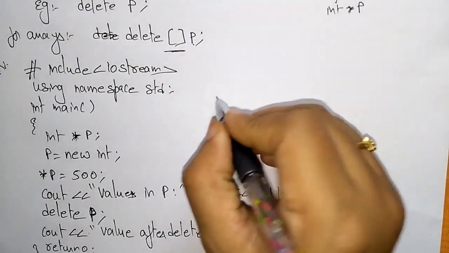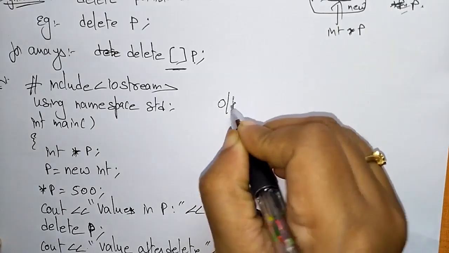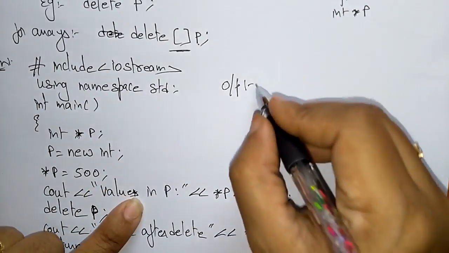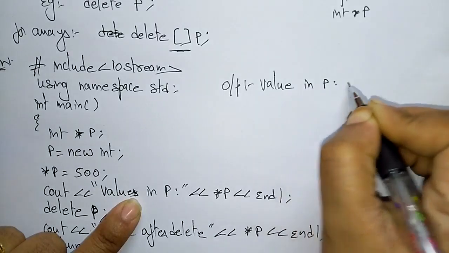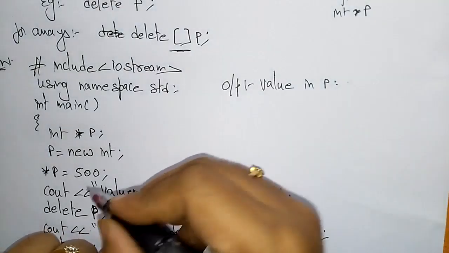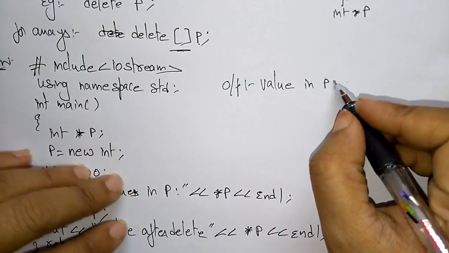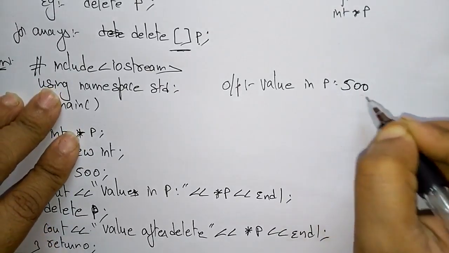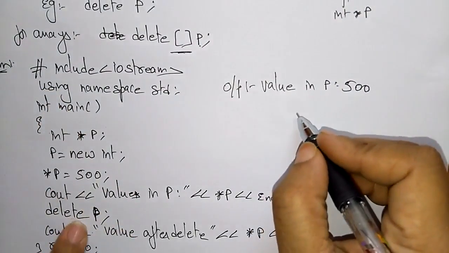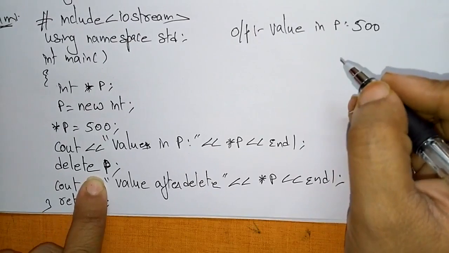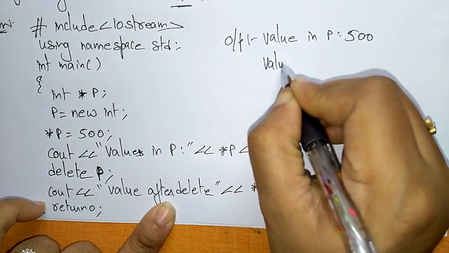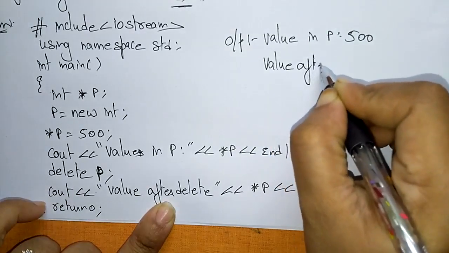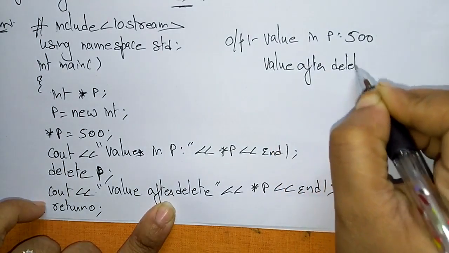What will be the output you get? The value in p, once the memory is allocated, is 500, so 500 is printed. Next, delete p. After delete p, you print the statement value after delete. What value does it take?